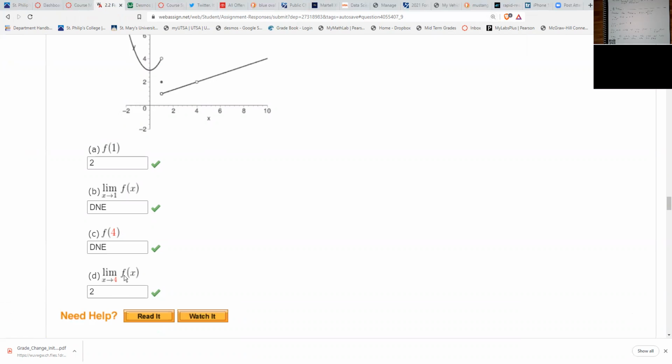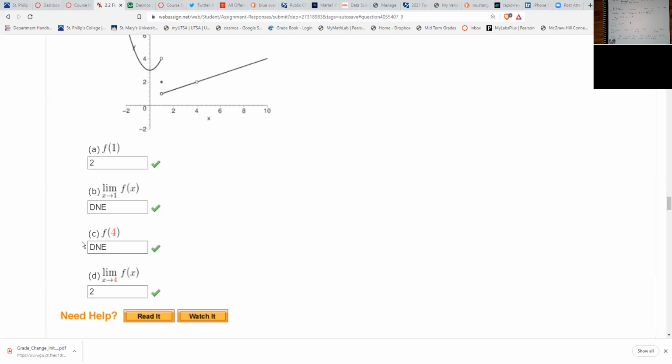So let's look at D. So when I'm approaching 4 from the left, the y values are going to 2. When I approach from the right, the y values are going to 2, right? So that's the definition of the limit. They must both be the same thing on both sides. As I approach them, they must approach a single y. And if they do, that's my limit.